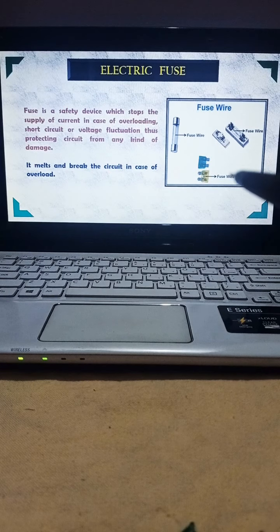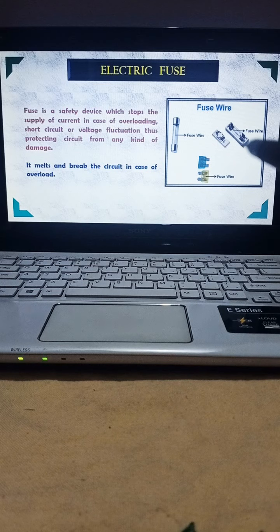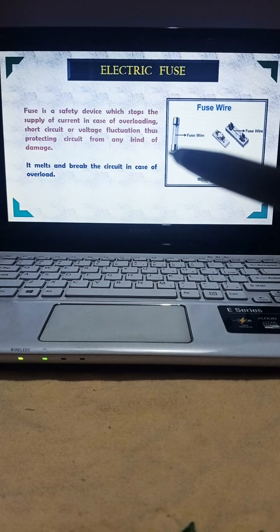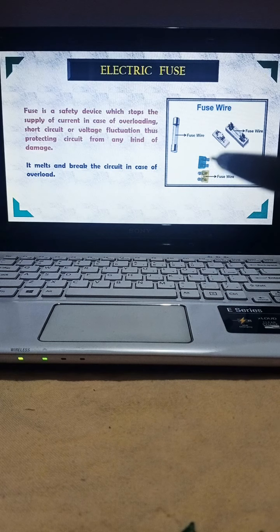This is the fuse which we are using in our old circuit, and now this is the same fuse converted into miniature shape, and further this is another fuse which we use in electronic circuits.